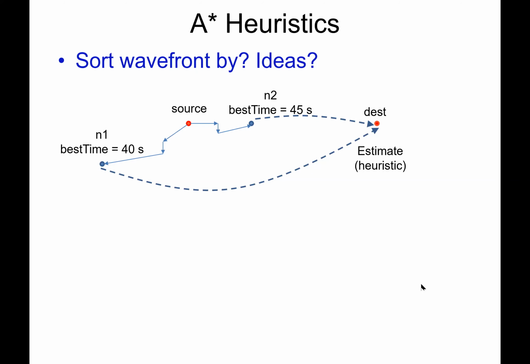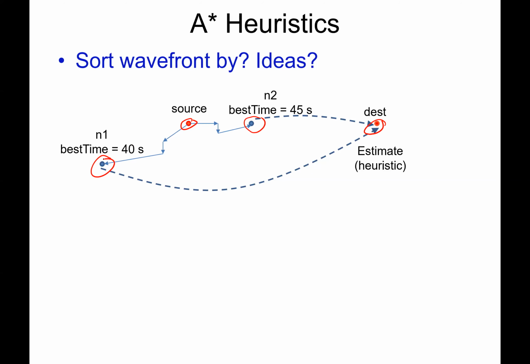I'm showing here this example, just to remind you of what's on our wavefront. We started at a source, we're going to a destination, and we've been searching for a while. On our wavefront, we have 2 nodes that we're interested in, and 2 here, and then 1 there.